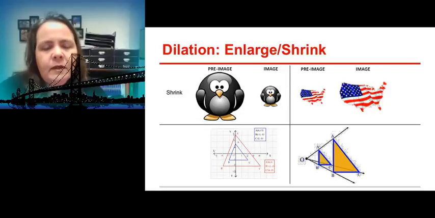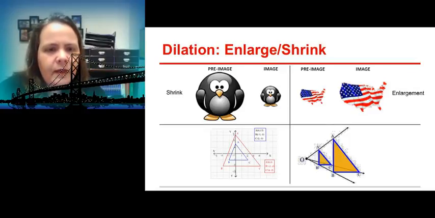And then on the next one, the map of the United States there, the pre-image is small, the image is larger. So this was an enlargement. And then on the triangles that are on the coordinate grid there, if you notice, those have the primes on them, and it's also an enlargement. The red triangle is larger than the black triangle there.